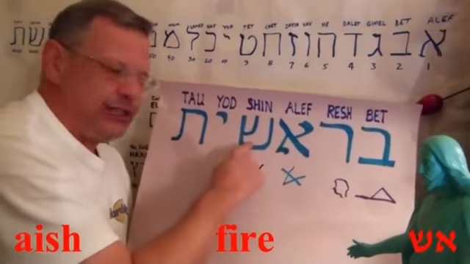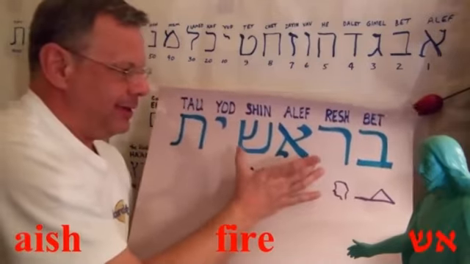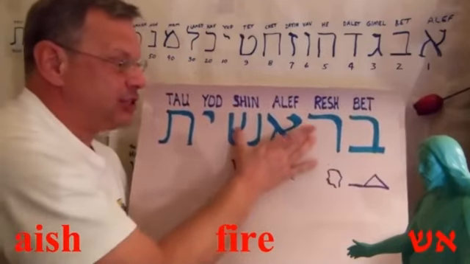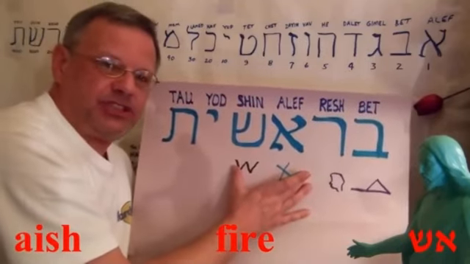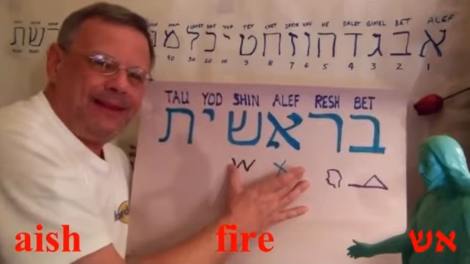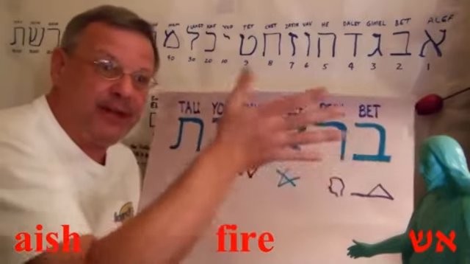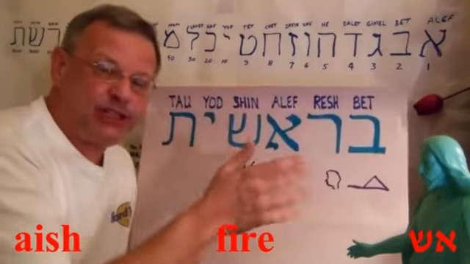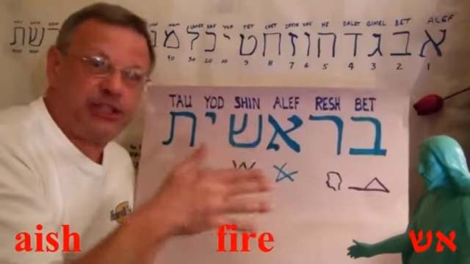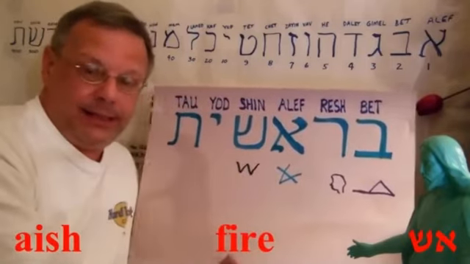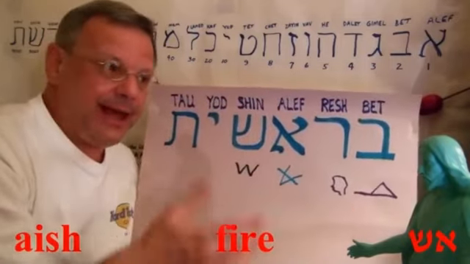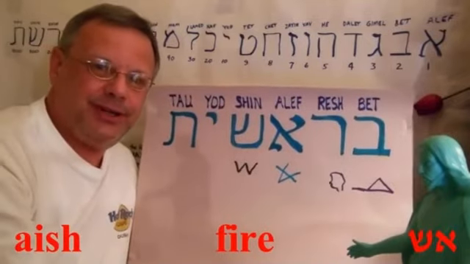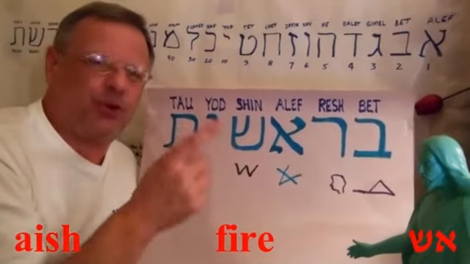It's Aish, fire. Whenever Moses was up on Mount Sinai, and who does the burning bush? It's the Aish Sinai. The Aish is fire. Sinai is bush. The Aish Sinai, the fire in the bush. And it's just a cool picture of God.